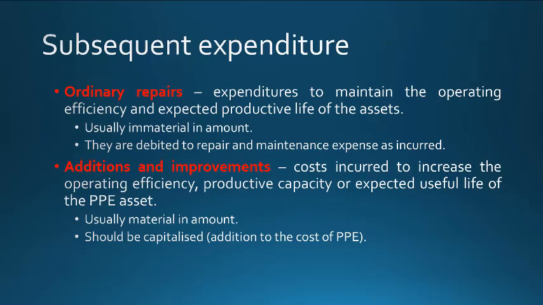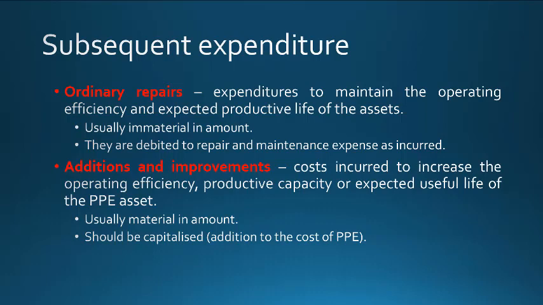Now, for subsequent expenditures, we have two major classifications of expenditure. The first one is ordinary repairs, which are incurred just to maintain the property's operation. It is immaterial, so we don't usually charge that to the asset, but rather we recognize an expense.